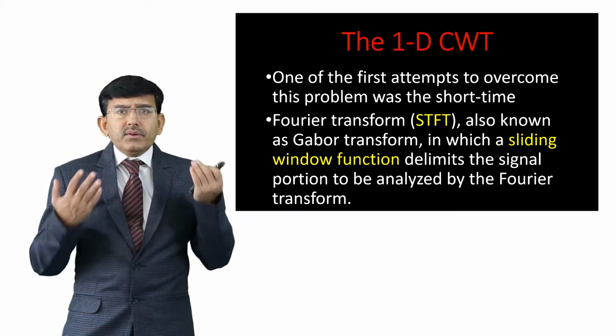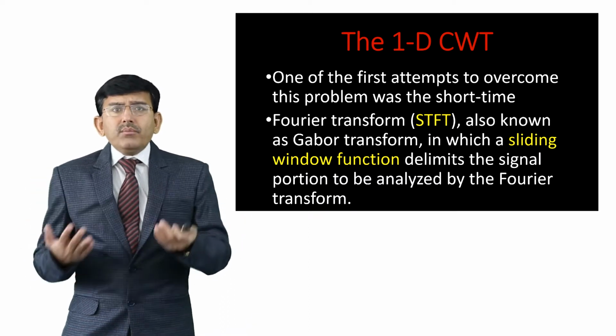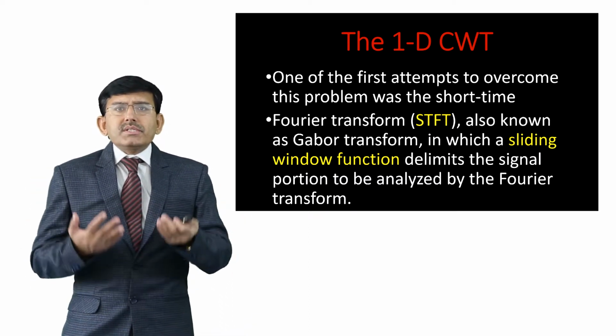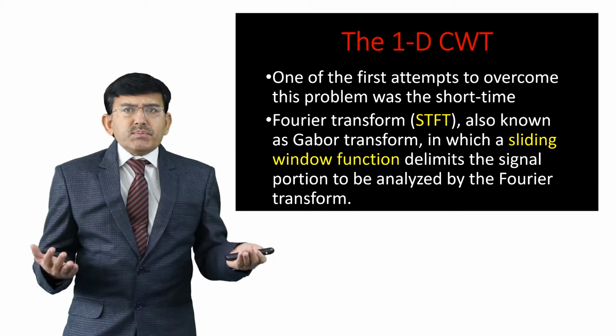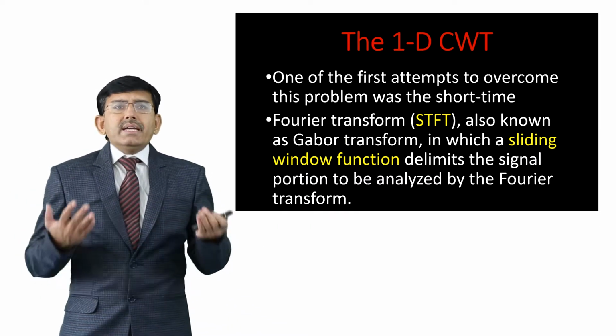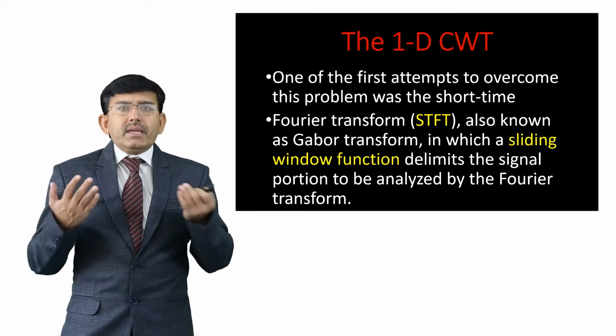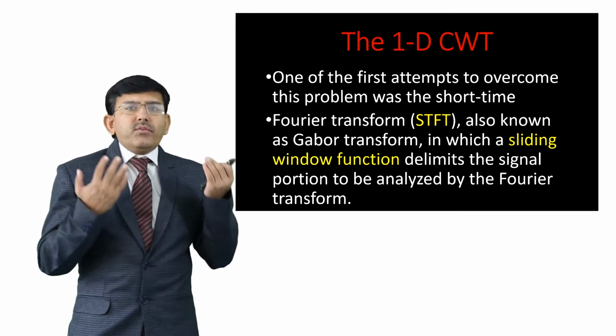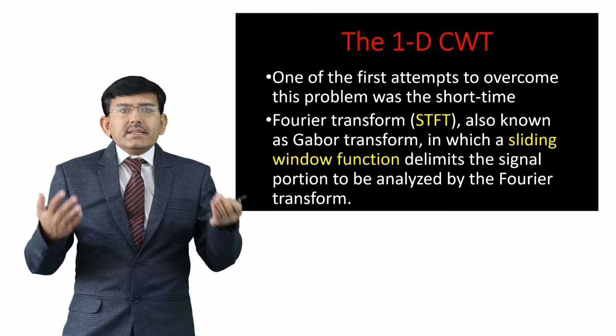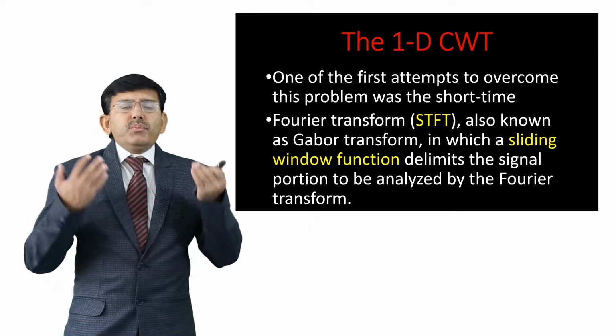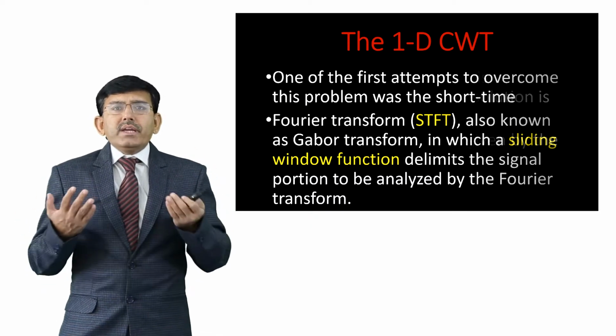One of the first attempts to overcome this problem was the short-time Fourier transform, also known as the Gabor transform, in which a sliding window function delimits the signal portion to be analyzed by the Fourier transform.